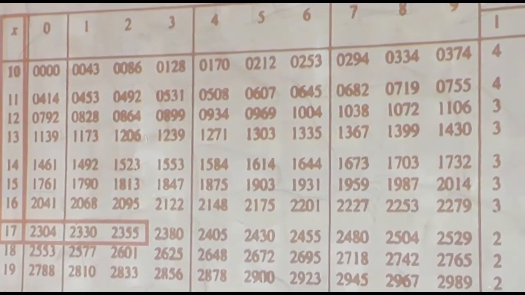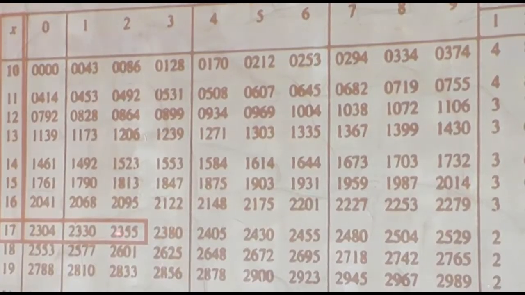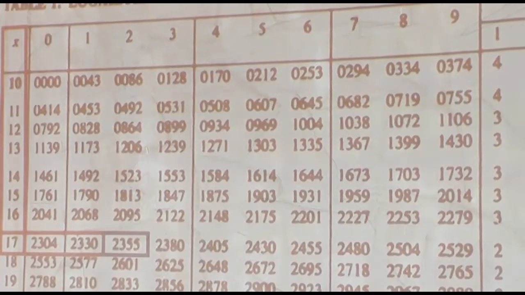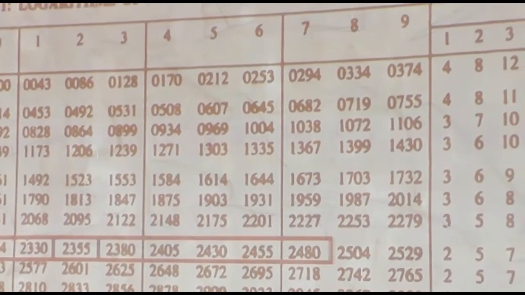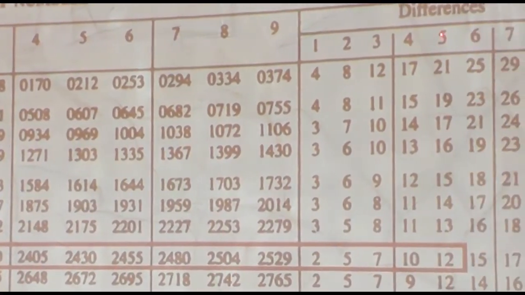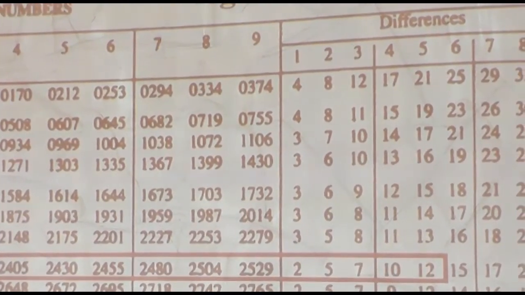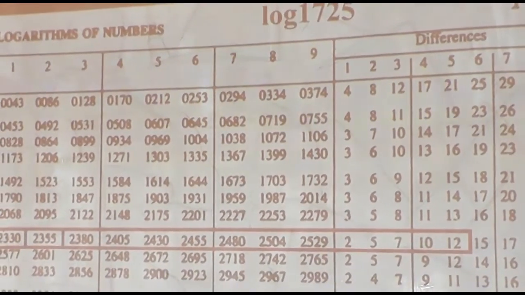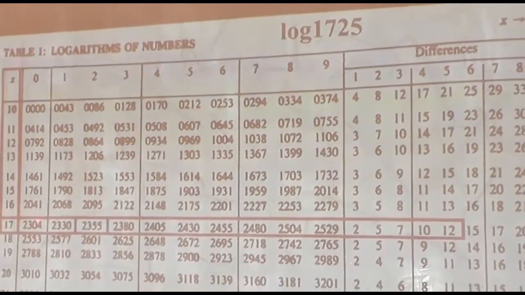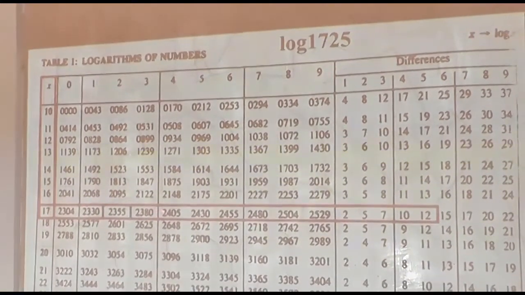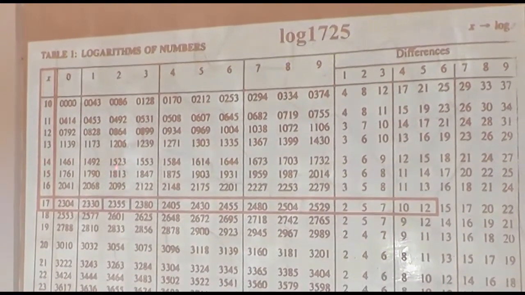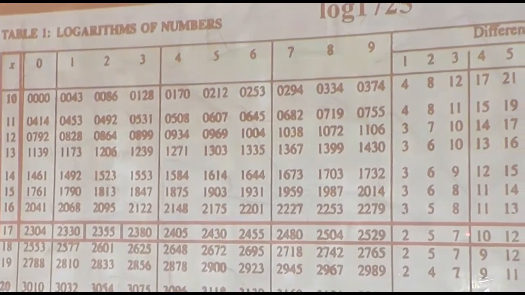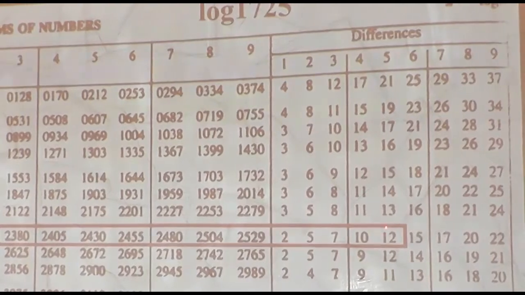Now there is still another digit, 5, so I go to the difference columns and look under the column headed 5.